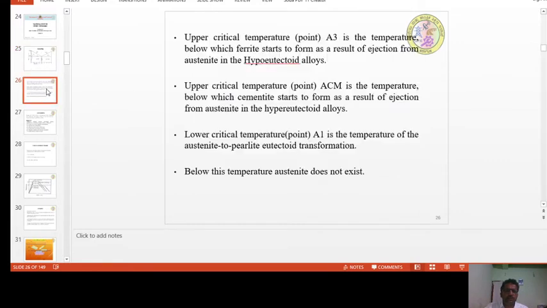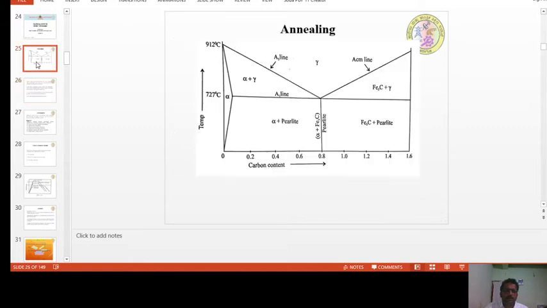Let us see the significance of the upper critical temperature. A3 is the temperature below which ferrite starts to form as a result of rejection from the austenite in the hypoeutectoid steel.